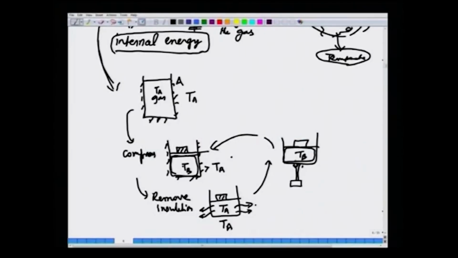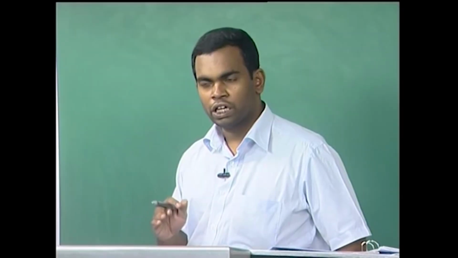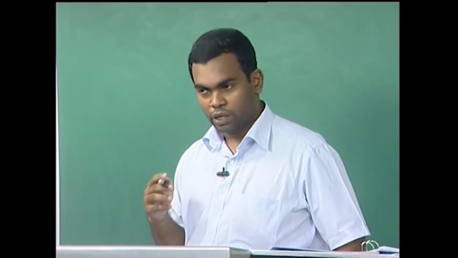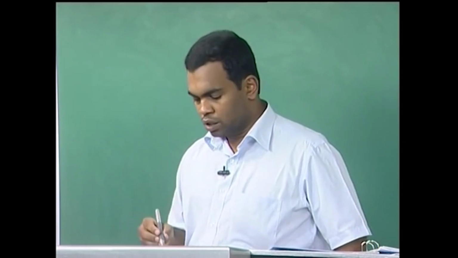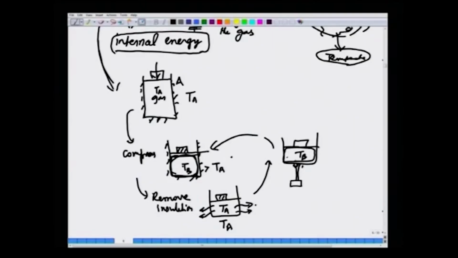So, we said that you can change the internal energy of the gas by compressing it and not allowing the heat to escape by insulating it, but we can also change the internal energy of the gas by heating it. So, there are two different modes of changing the internal energy of a system.